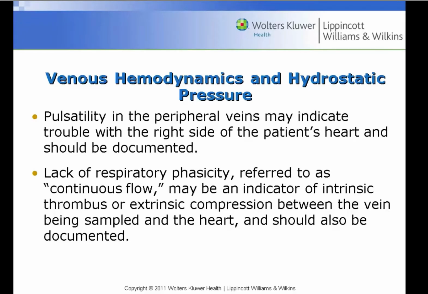Lack of respiratory phasicity, as you see on figure 4-23b, refers to continuous flow, and this can be an indicator of some kind of intrinsic thrombus or extrinsic compression between the vein being sampled and the heart, and needs to be documented.